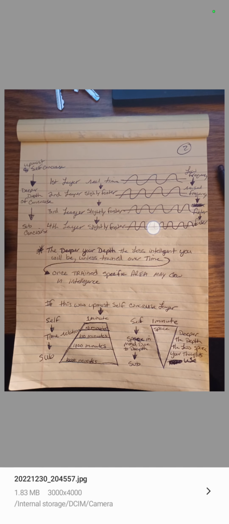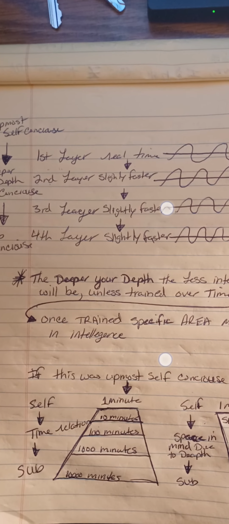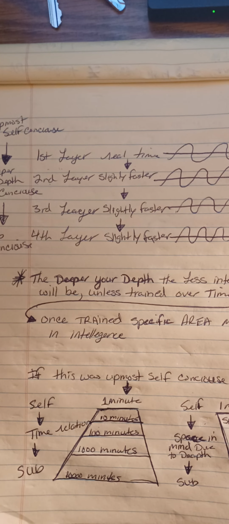Now, if you go to the bottom here, let's see, when you start at the self-conscious and you go down, this is due to time. All right, 1 minute in real time on your self-conscious level. As you raise your frequency and go down, your mind actually quantifies. Now, this is not literal.